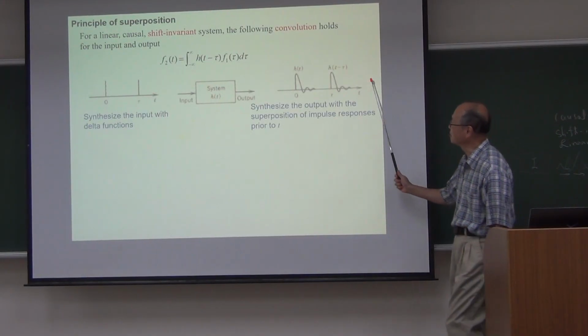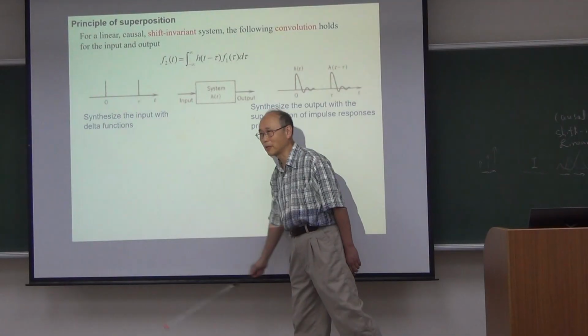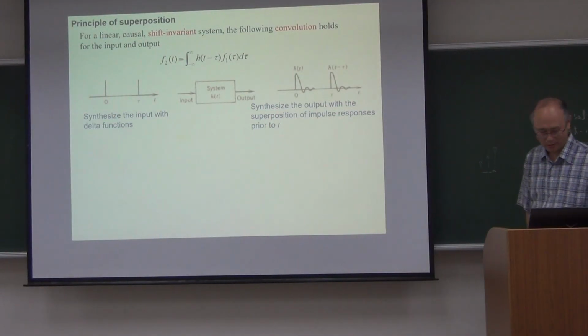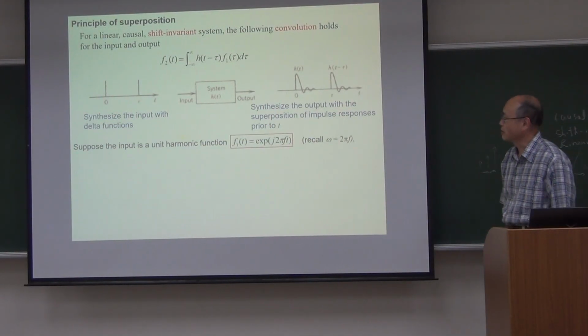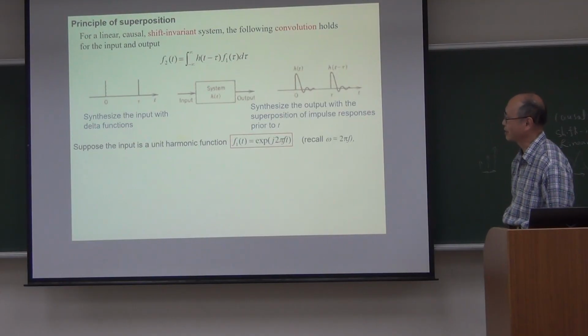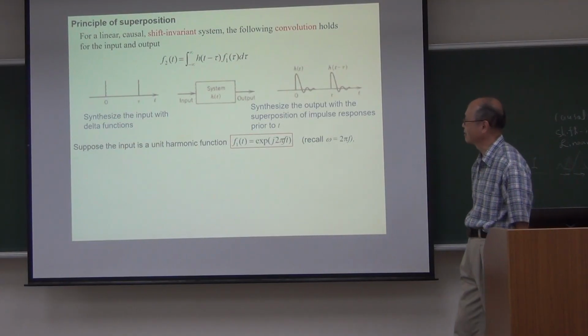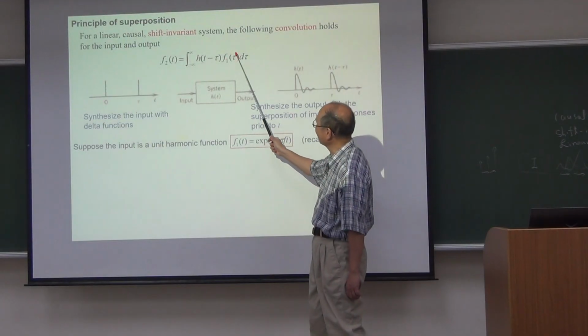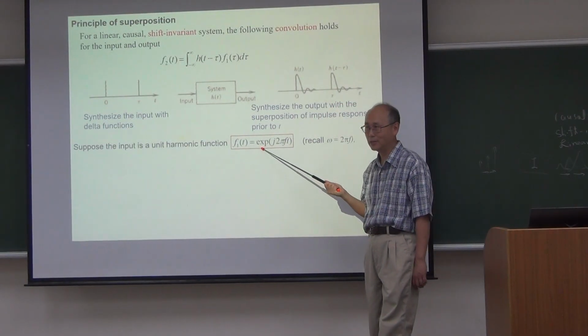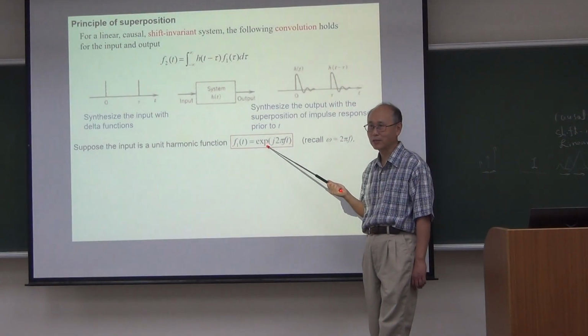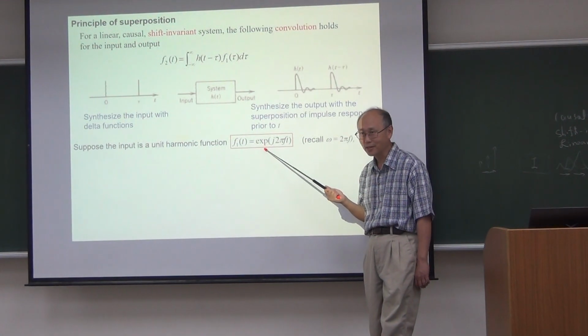Before time t, we put all those impulses into the system. Now suppose I have a harmonic function as an input. This is a unit harmonic function expressed by this. Can I do it? Right?